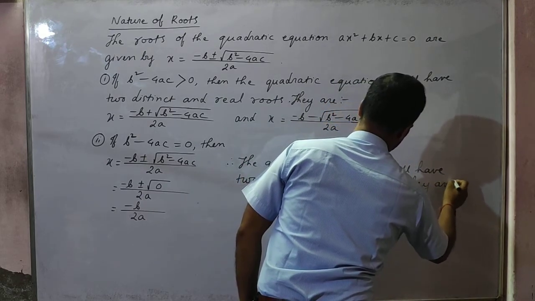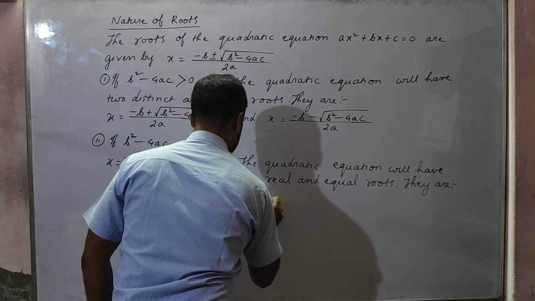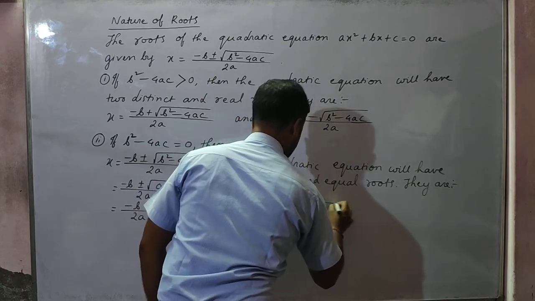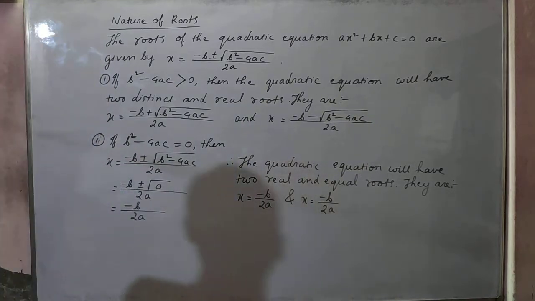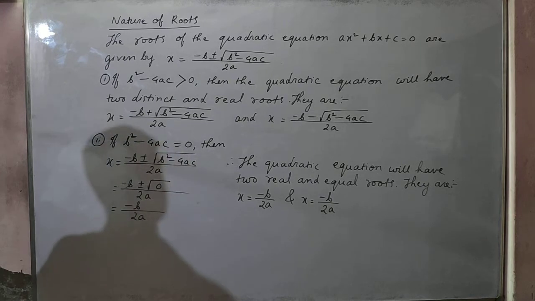They are x is equal to minus b by 2a and x is equal to minus b by 2a. Okay, students, both are equal roots. Minus b by 2a and minus b by 2a.